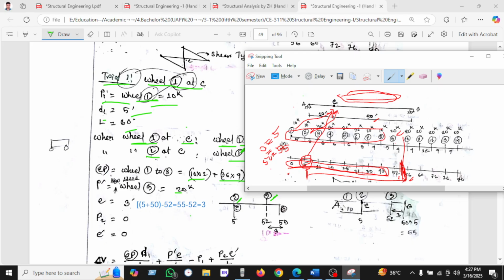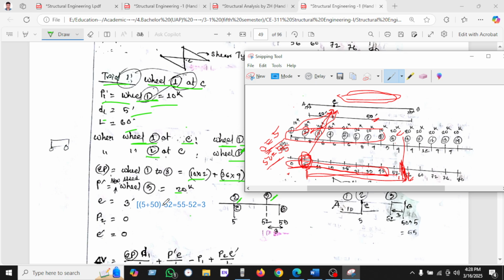We have to go to 55. I have said again and again, this is wheel 2, and we have our ordinate 5. When we set the 0, then how much will we go? It is 50. So if we set that 0 is 5, then 50 equals 55. So that's why we have been taking 55.